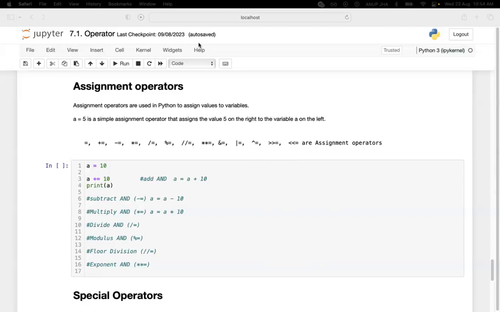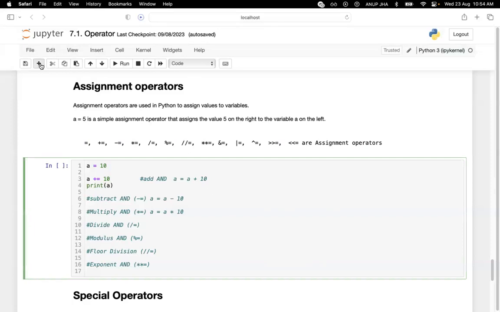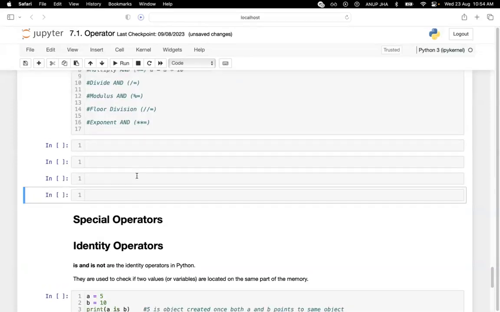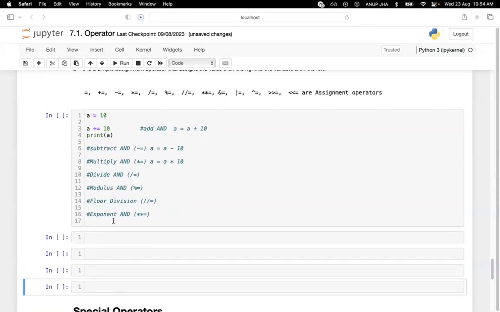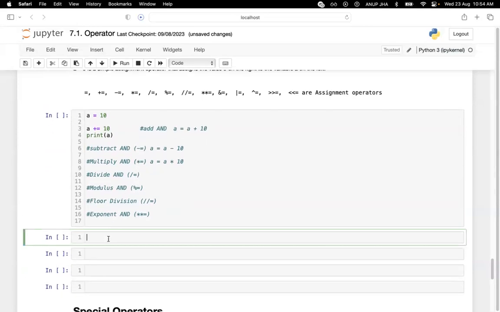Let me explain one thing here so that there is a clear picture. Let's say A is equal to 10, correct?